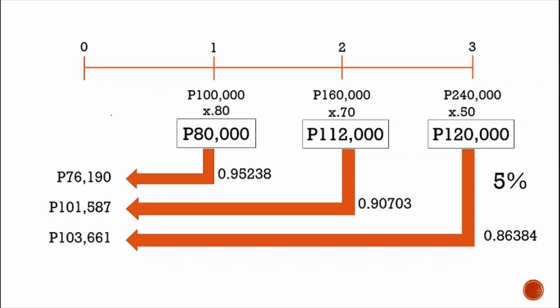And that would give us 103,661. Add this up, we have a value of the project, 281,438. That is how you arrive at the value using the certainty equivalent approach.